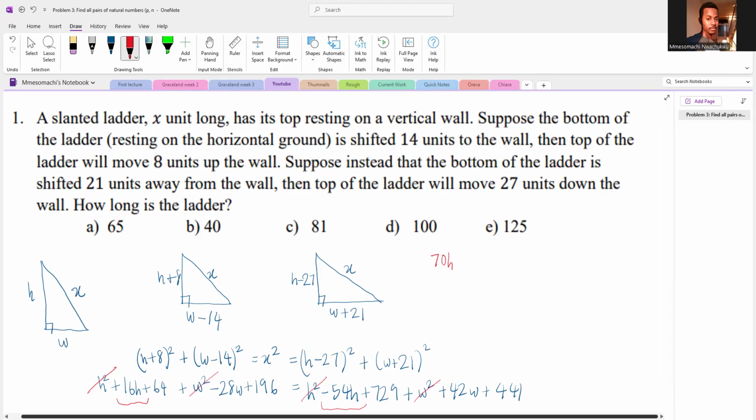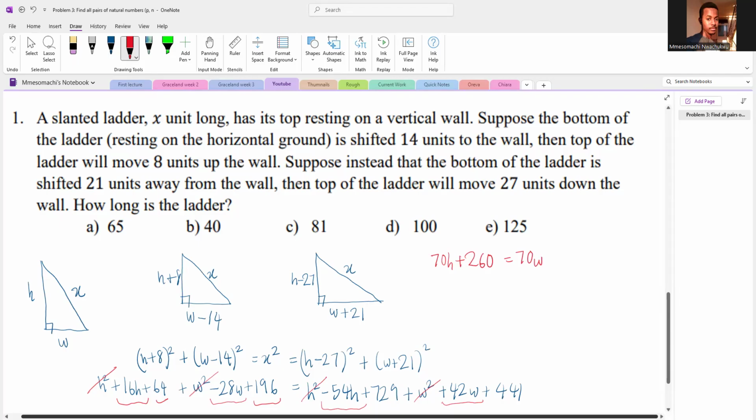So on the left-hand side, 70H plus 260. I've handled 64 plus 196. And then we have negative 28W plus 42W. When we take the negative 28W to the right-hand side, it becomes plus 28W plus 42W. That's going to give us 70W.